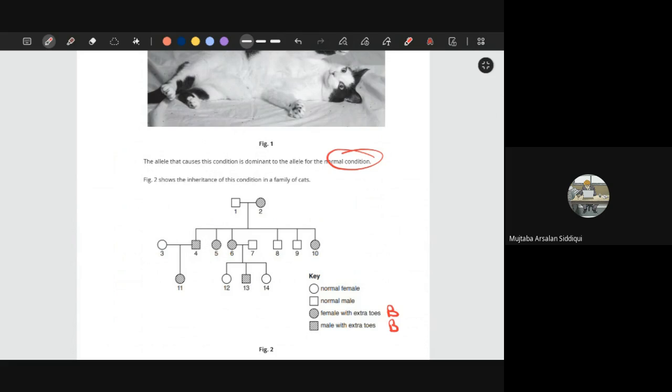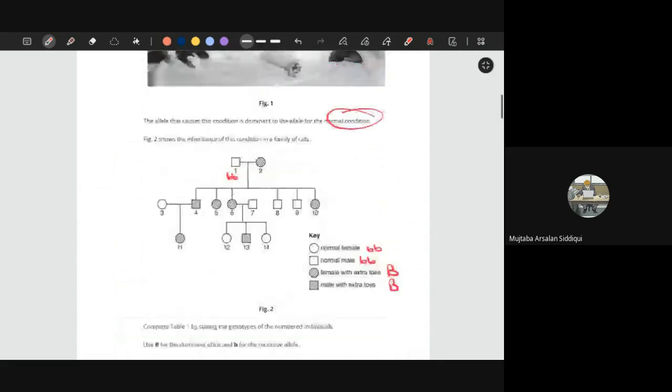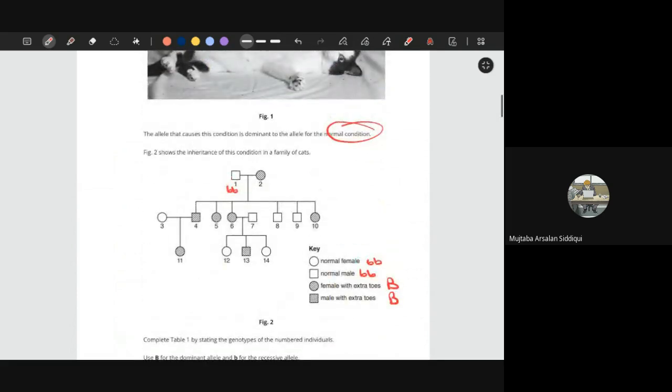So one is a normal male, so one has to be recessive, right? And then two has to be dominant, so they can be dominant heterozygous. Why? Because they have children who are having the recessive gene, right? Right.